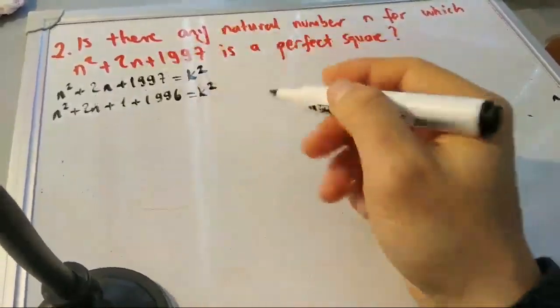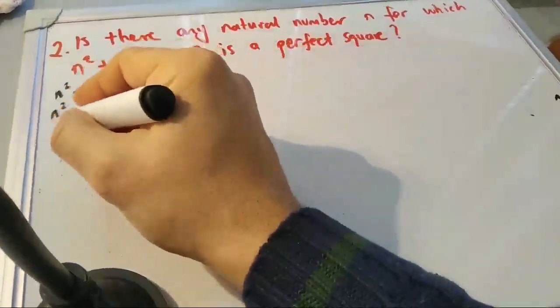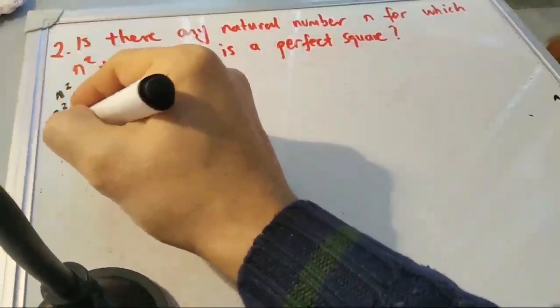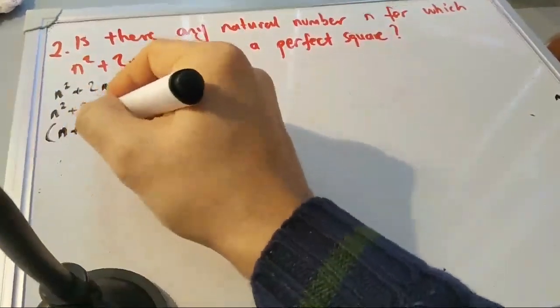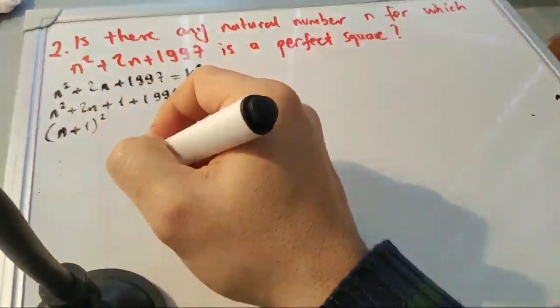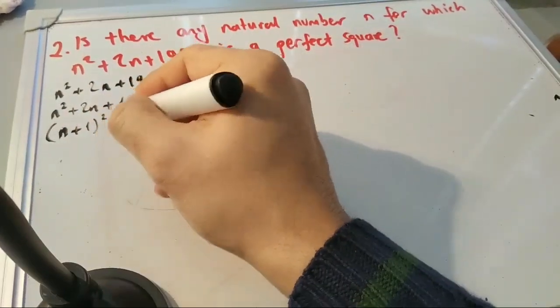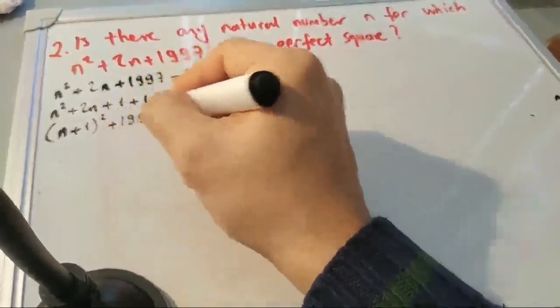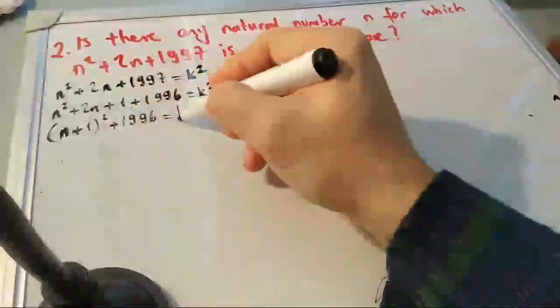n squared plus 2n plus 1 is n plus 1 squared, plus 1996 is equal to k squared.